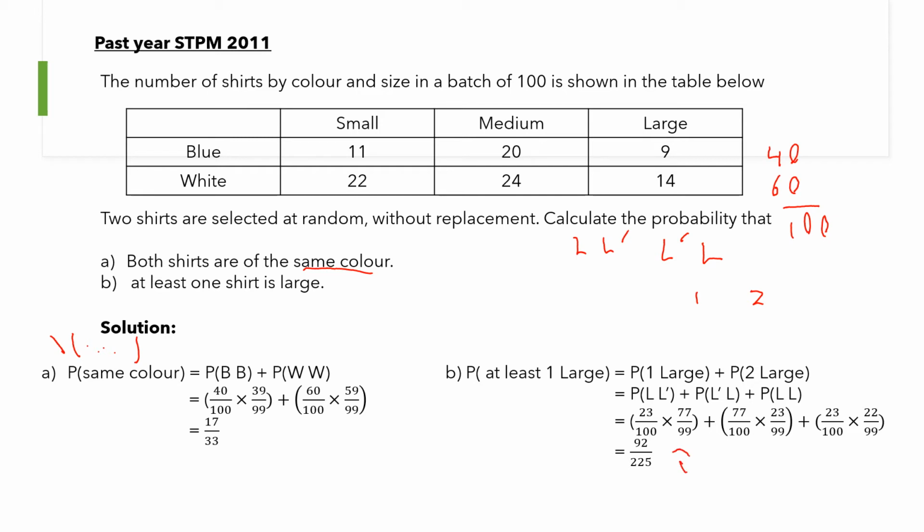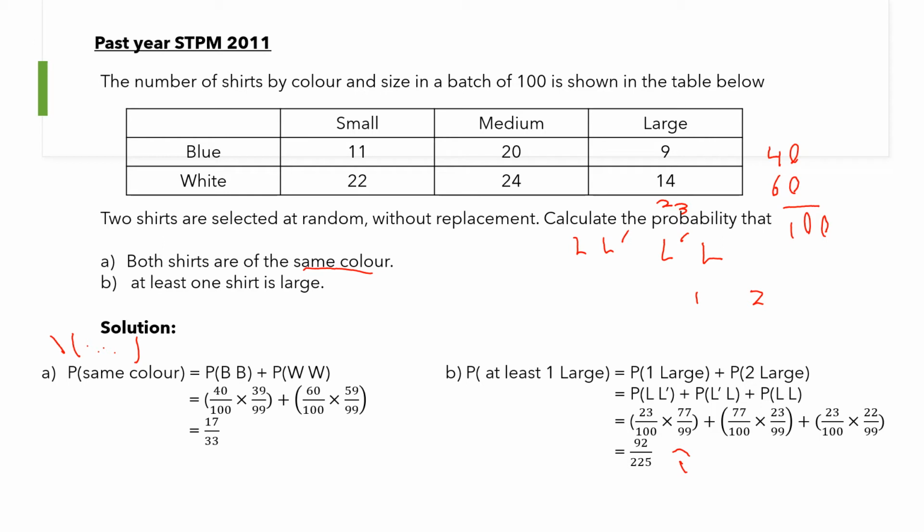So this is shown by the solution here. The first 23 over 100, because we have 23 large shirts, times 77 because the not large is 77, the total number of not large, over 99. Over 99 is because I already chose one large shirt.